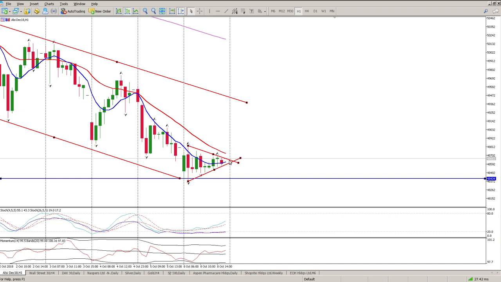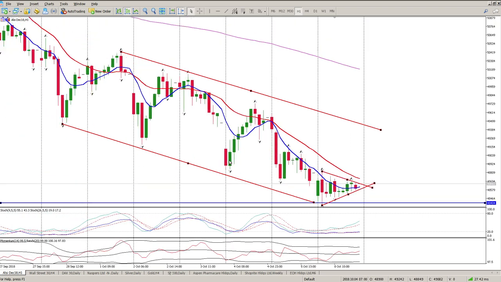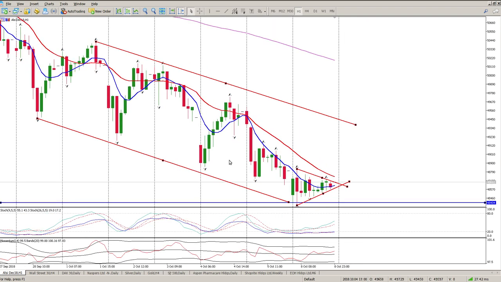That would be my swing entry long. Okay, so yeah, it's basically been 2 days of wait and see. Okay, nothing else that we can really see here.